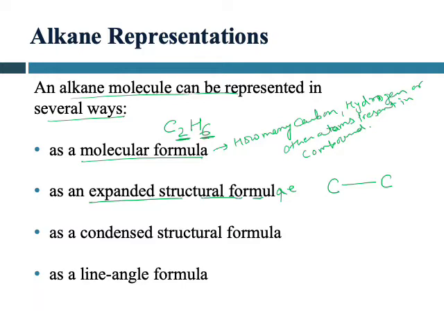Now you have 6 hydrogens, so you have to place 6 hydrogens on these 2 carbons, and we already know each carbon can form 4 bonds. One bond is already formed, so each carbon has 3 more, so each carbon can get 3 hydrogens.